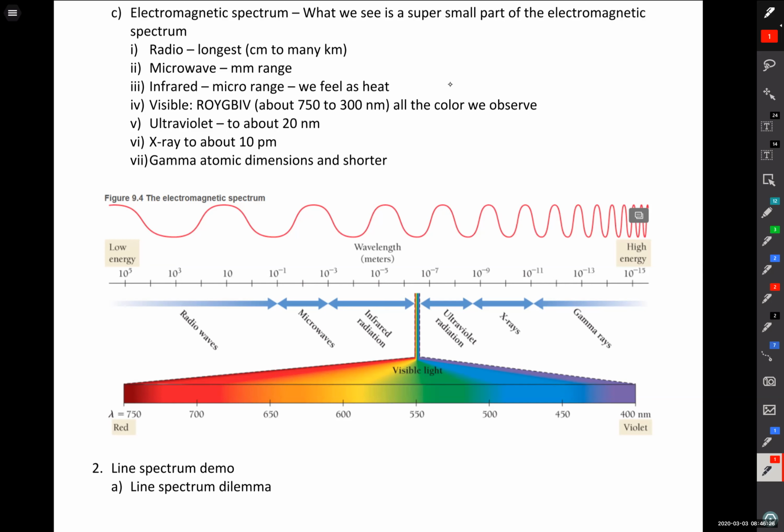This is all we get to see. We get a tiny fraction of the light that's out there. Right next to violet is the ultraviolet, and that has enough energy that it breaks chemical bonds. This is the reason why it causes skin cancers. It can break up your DNA and cause mutations and stuff like that.